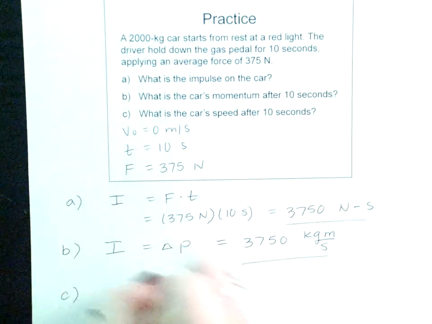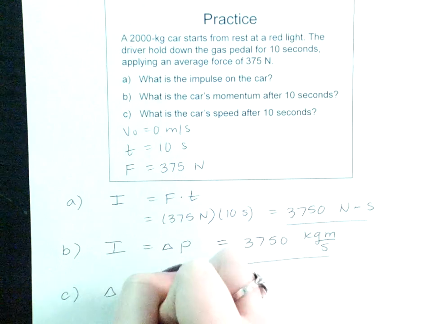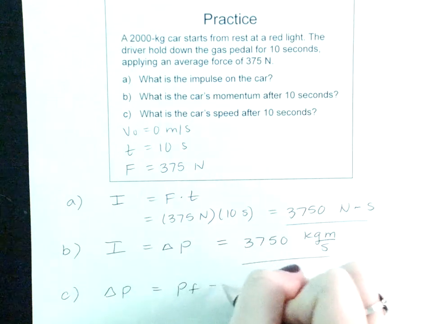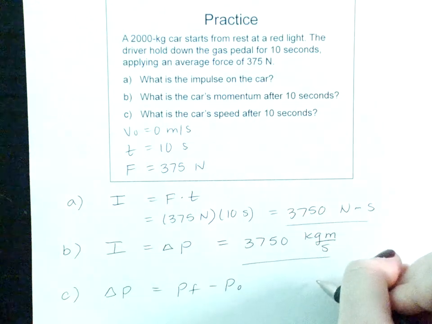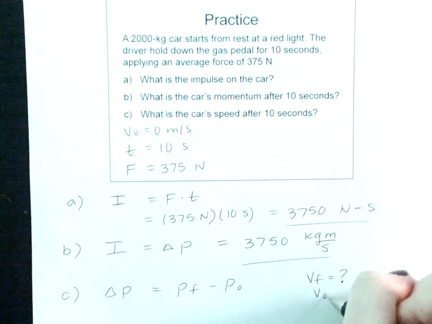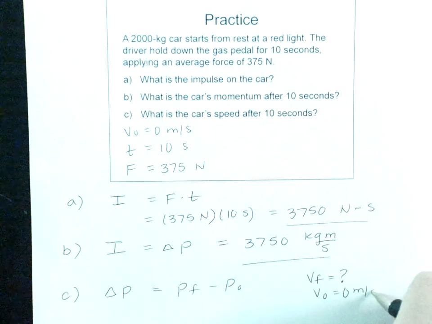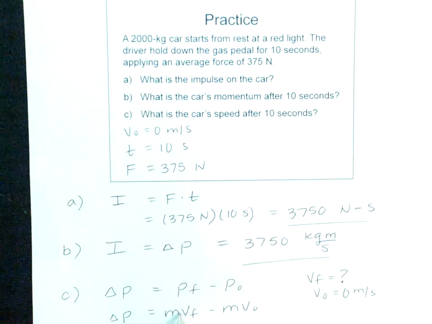For part C, what is the car's speed after 10 seconds? Well, we know that the change in momentum is equal to P final minus P initial. And we're looking for the speed, so V final. We know it's starting from rest, so V initial is 0 meters per second. So let's go ahead and solve for, and I just went ahead and plugged in mv for momentum, so let's solve for V final.